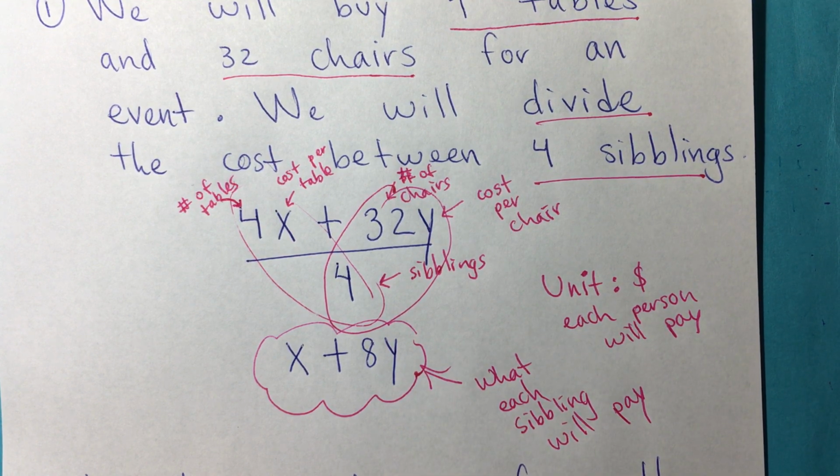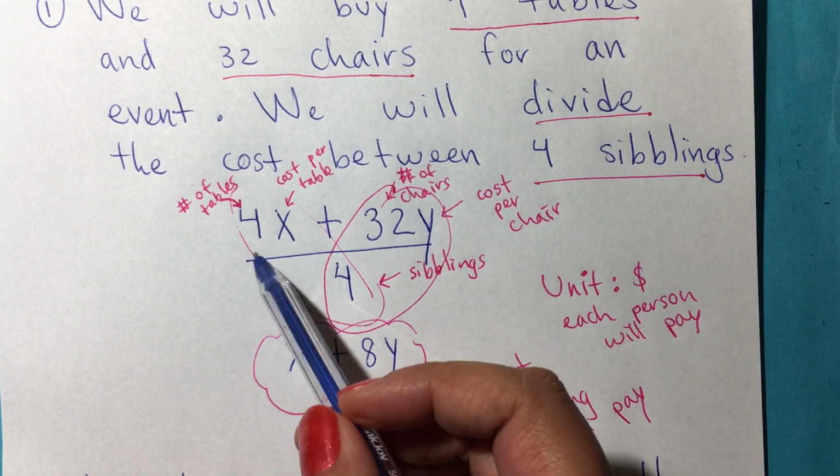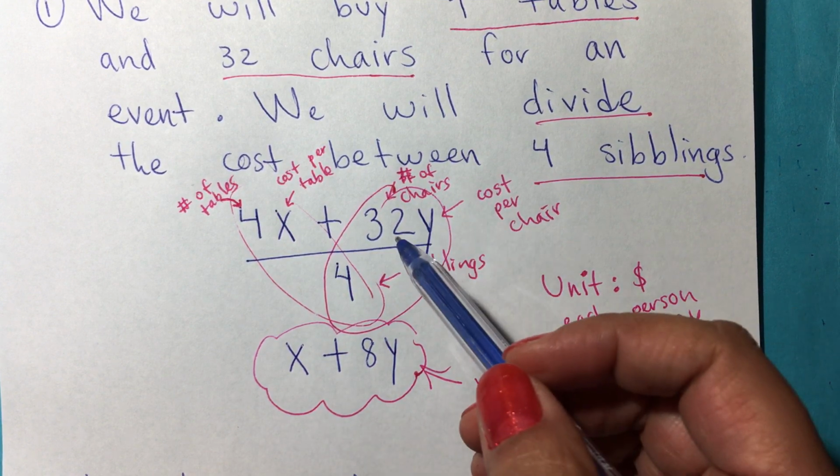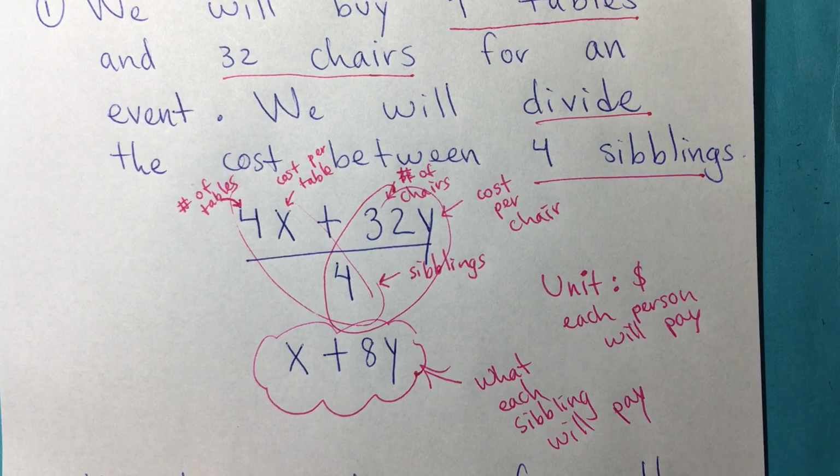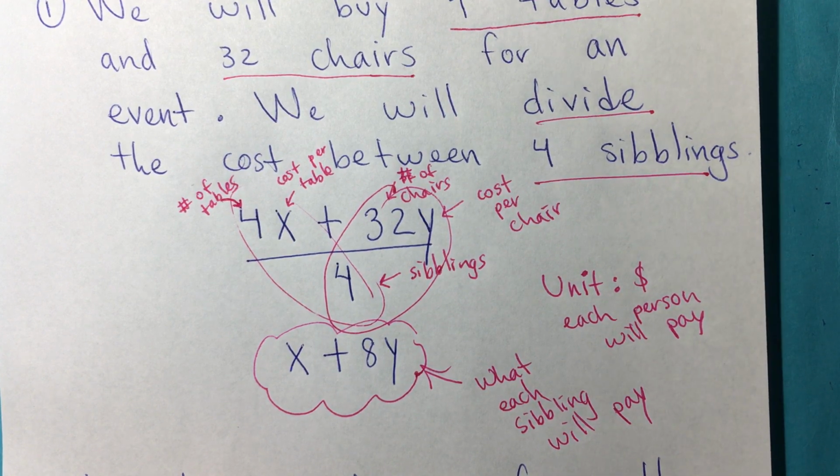But in some cases, if you're going to order only 3 tables and maybe 30 chairs, that's not as easy because you're going to pay for fractions of it. And you might want to leave it without simplifying, okay? Or if you want to simplify it, but you will end up with fractions.